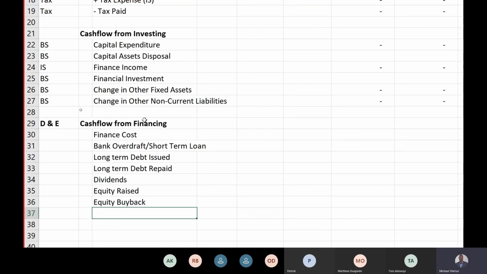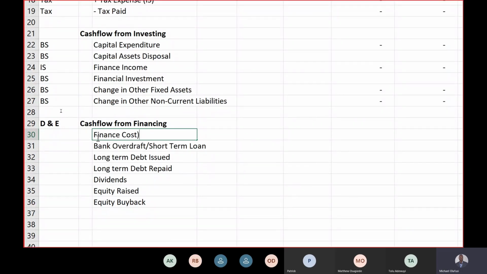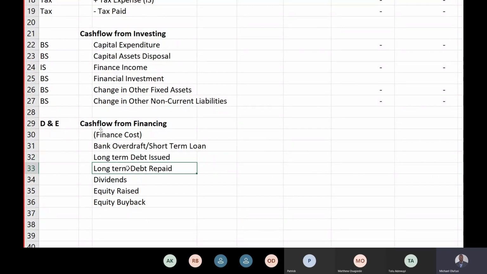In the direction of cash, this one is always like a minus, right? If you want to remember, sometimes you can do it this way. This one comes as a plus, repayment is a minus, dividend is a minus because you are taking it from cash and giving it to your investors or shareholders.